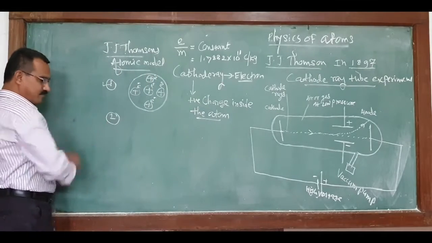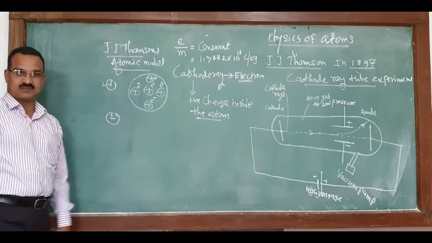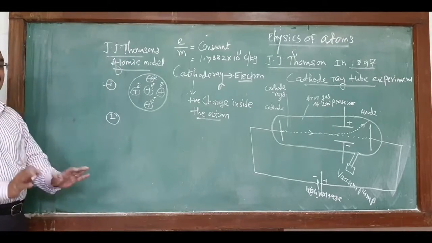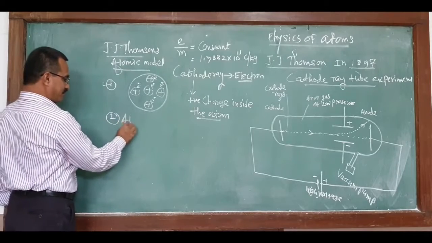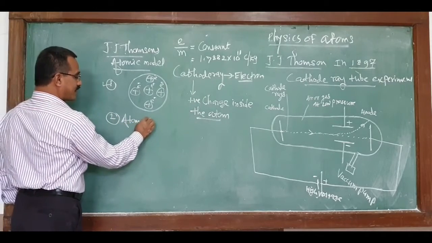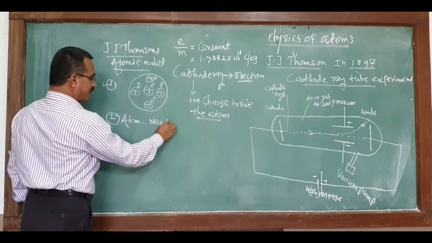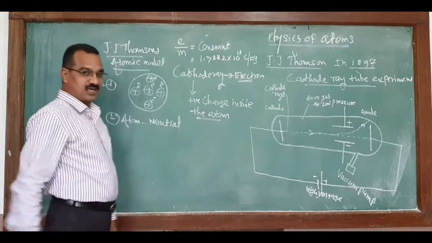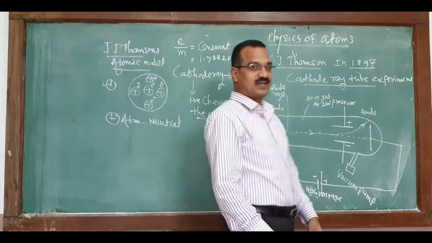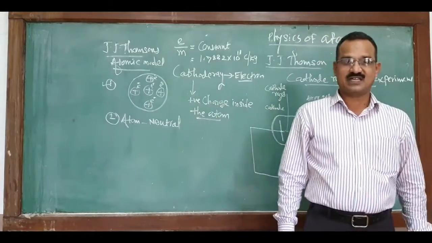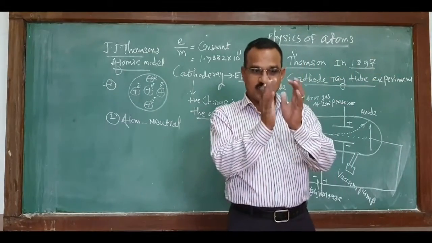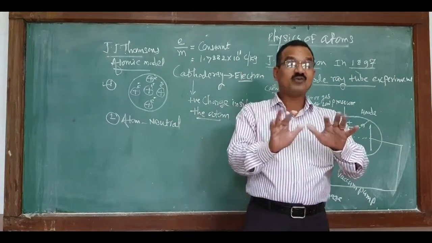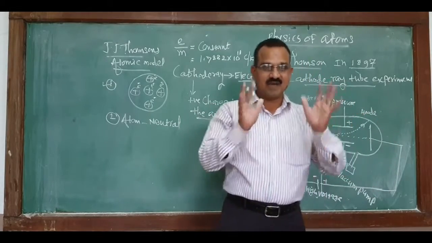Second one, according to J.J. Thomson, the atom is electrically neutral. It means that the number of positive charges and the number of negative charges within the atom are equal in magnitude.